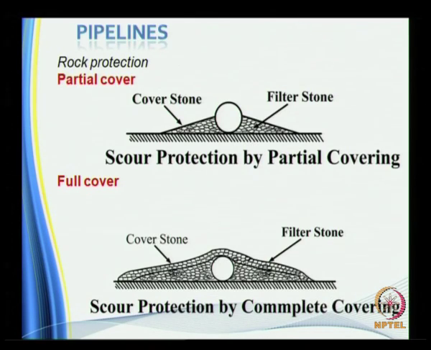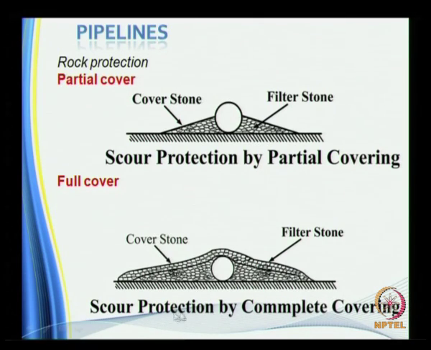Then this is in case of a pipeline, this is only a partial protection, you protect only this portion, probably in deeper waters, because if this kind of situation exists in shallower waters, the ship anchors etc. might hit by chance.